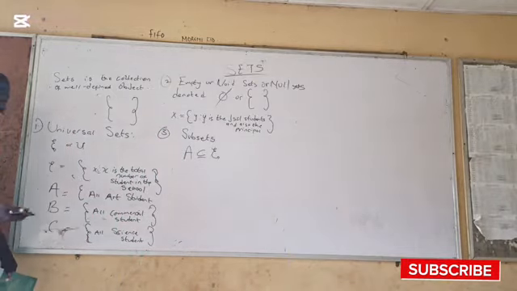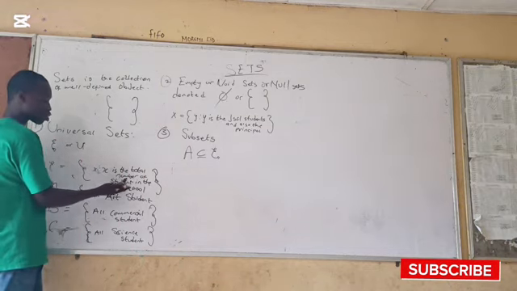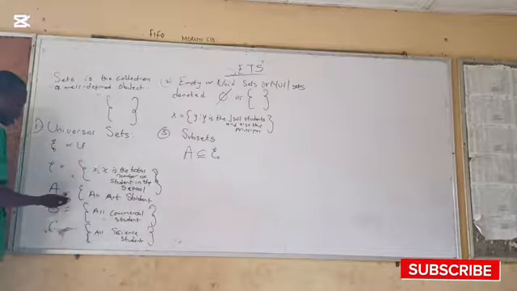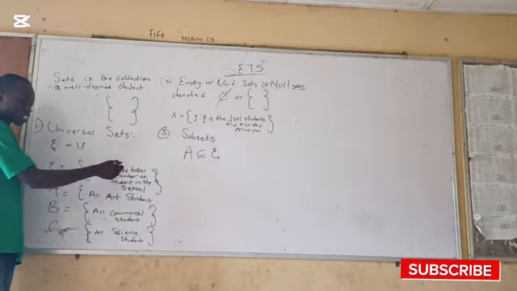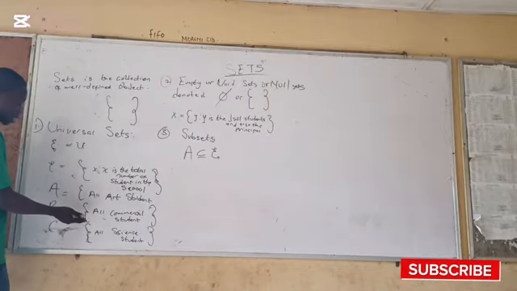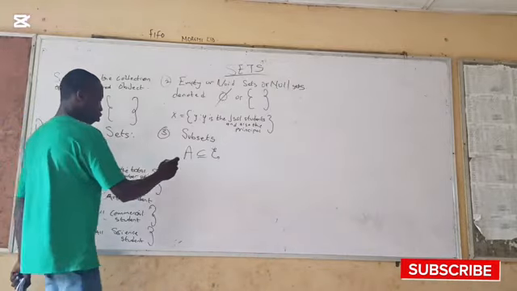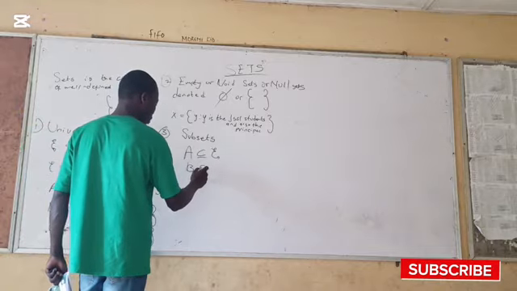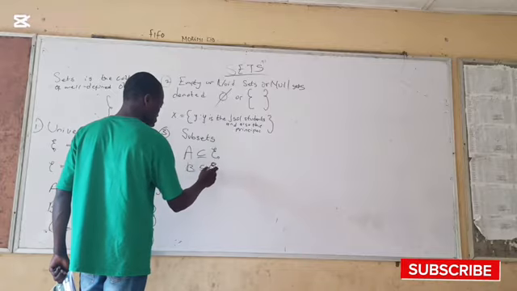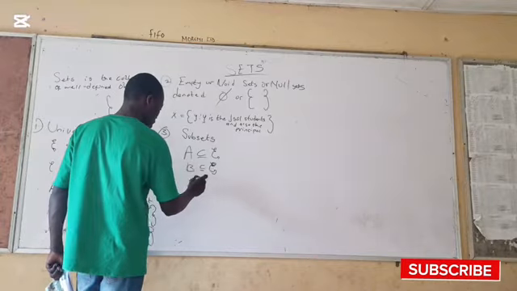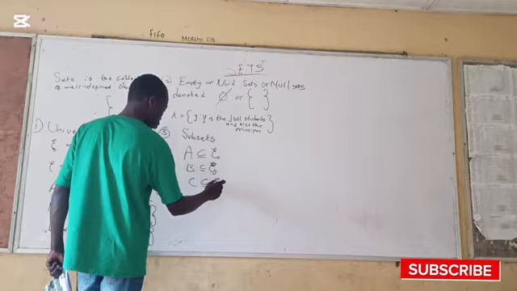The reason is that here we have X such that X is the total number of students in the school, and A is all art students. Don't forget, all art students are students in the school, all commercial students are students in the school, all science students are students in the school. Therefore, B is also a subset of the universal set, and C is also a subset of the universal set.